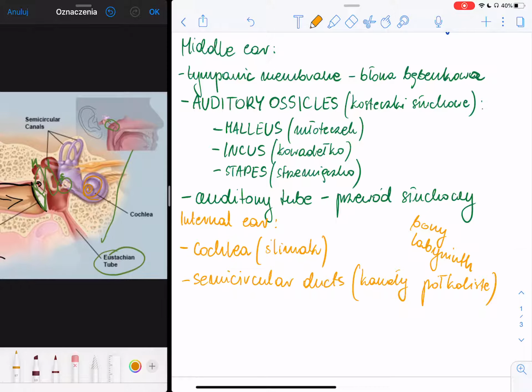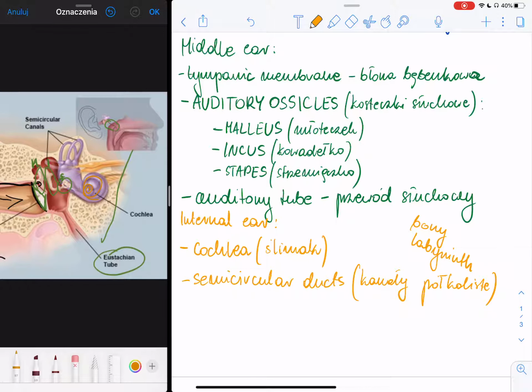Anyway, cochlea contains sensory cells equipped with cilia, tiny hairs, rzęski, that move according to the intensity of sound waves. These movements are then translated into electric signal that goes through the nerve directly to the brain.